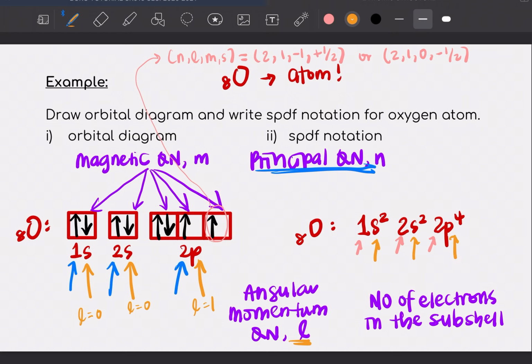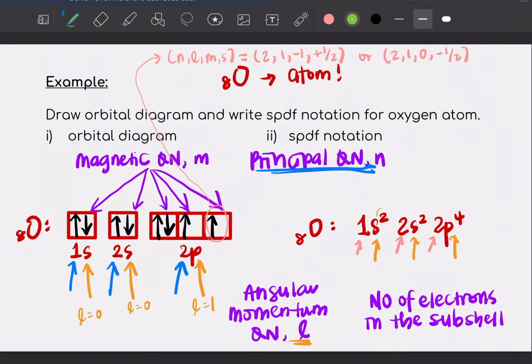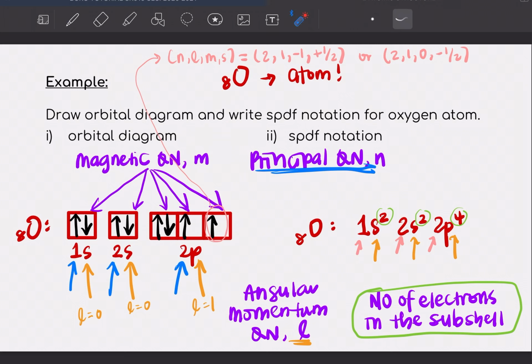And then the numbers up here, let's use green, 2, 2 and 4, that tells you the number of electrons in the subshells. So in subshell 1s you have 2 electrons, in subshell 2s you have 2 electrons. You can see here it is the same. In subshell 2p you have 4 electrons altogether. So that's the relation between these two and your quantum numbers.